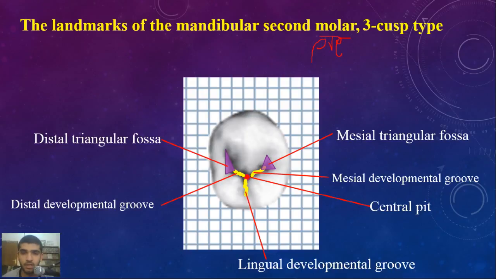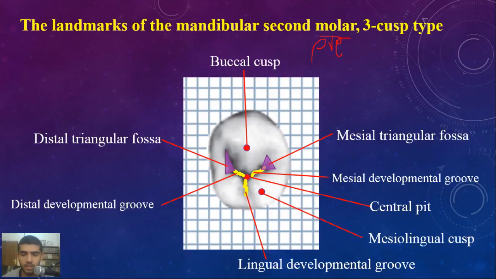Now for the three cusps, the larger one is the buccal cusp. The second largest cusp in the mandibular second premolar is the mesiolingual cusp. This is the mesiolingual cusp, and the third one, which is the smaller cusp, is the distolingual cusp. So these are the landmarks of the mandibular second premolar from the occlusal aspect of the three-cusp type.